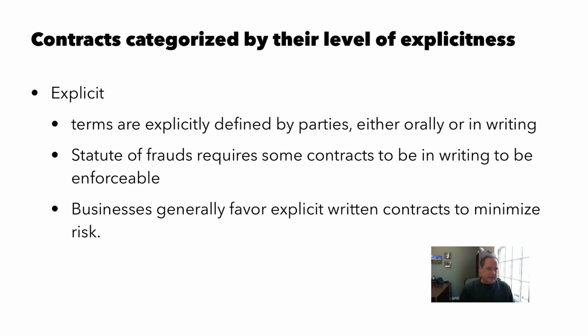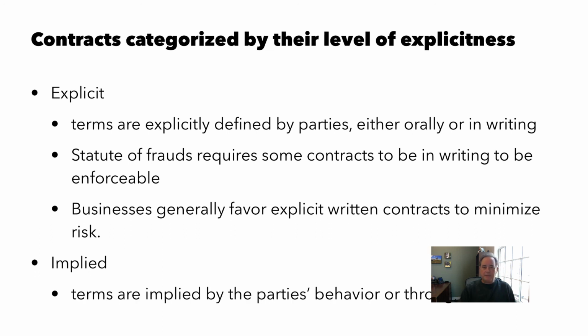Now, the other type of contract would be an implied contract. In an implied contract, terms are implied by the parties' behavior or through custom, meaning how have the parties acted in terms of this particular agreement, or how have the parties acted in regard to other agreements.